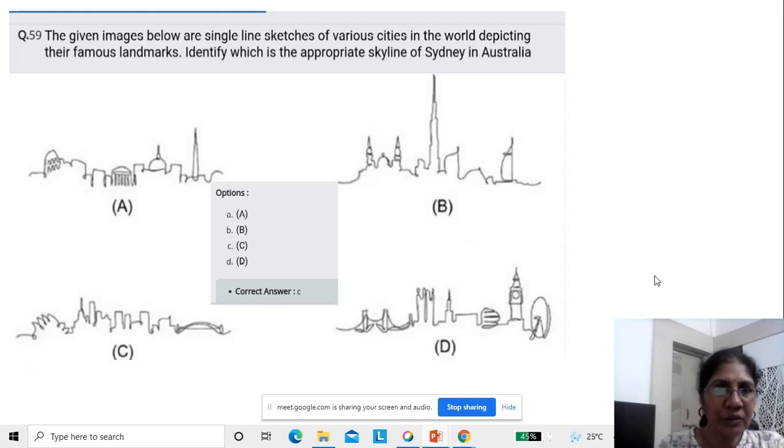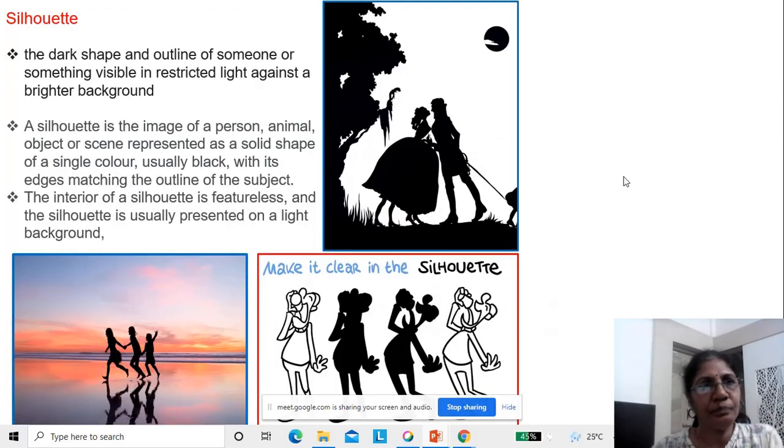How about the other options? Let's take a look at that. But before that, let me explain, in case you are unaware, what a silhouette is. A silhouette is the dark shape and outline of someone or something visible in restricted light against a brighter background. So all these black images that you can see could be any object, a person, an animal, or an entire scene.